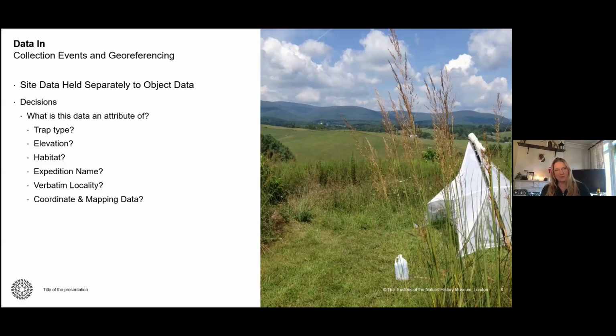That object data, when you're sitting there looking at the label and the transcription, if you're lucky, somebody's actually photographed the label and it is on that object record, then you can sit down and start building your site by interpreting that into the sites module. And that is obviously where the coordinate and the mapping data goes. That is definitely sites, in which case we'll go to the next slide.